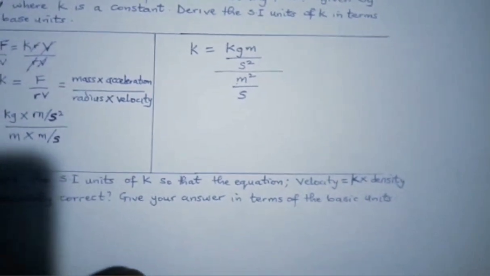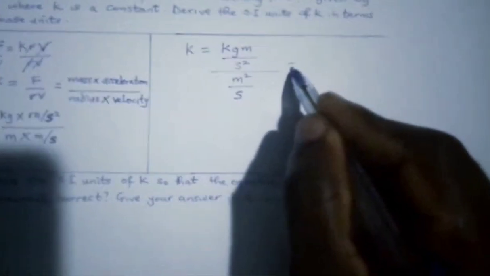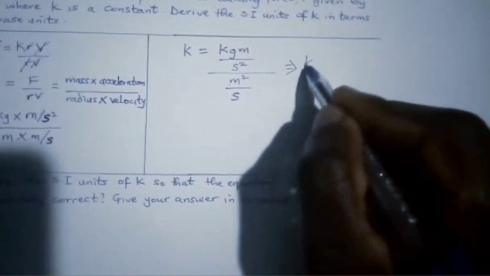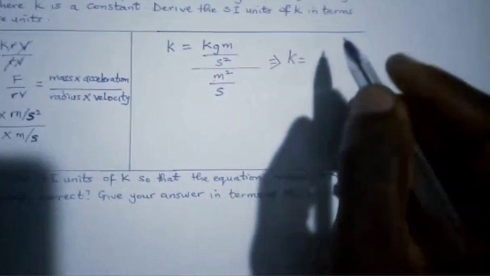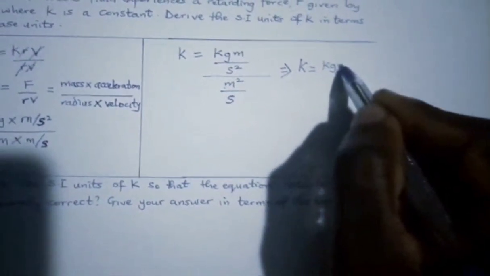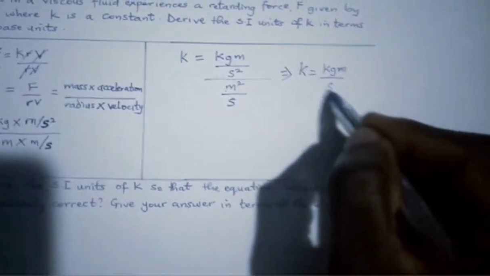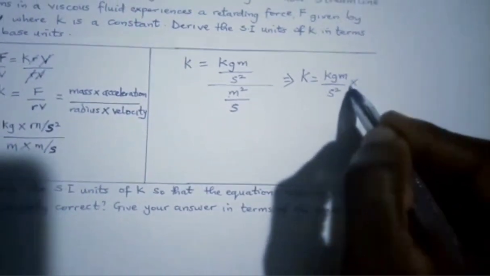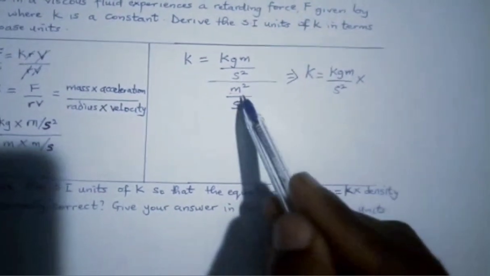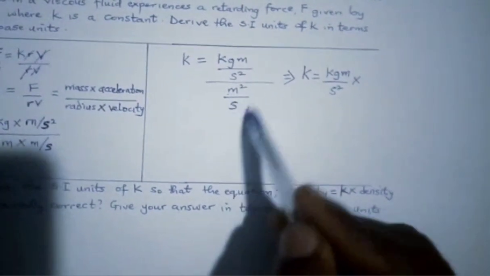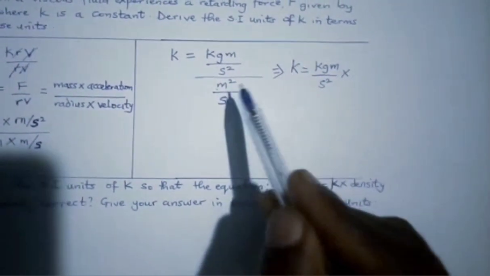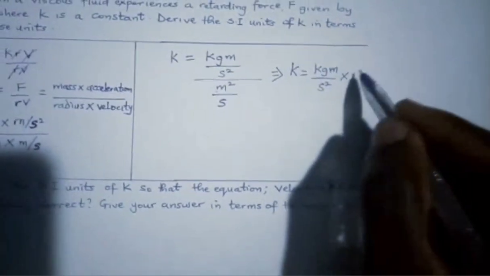Then all you need to do next is divide, and this implies that K is equals to kilogram meter over s square times, of course, you know that when the division sign changes to multiplication, the fraction below is inverted. That is, the denominator becomes the numerator, while the numerator becomes the denominator.